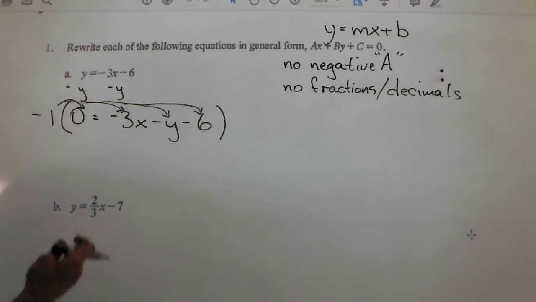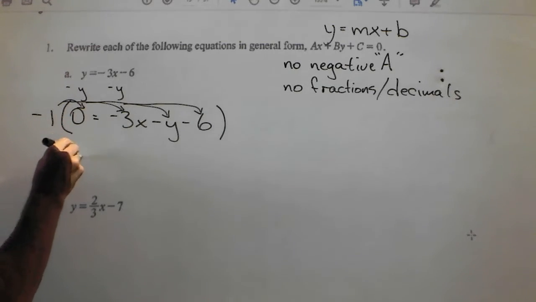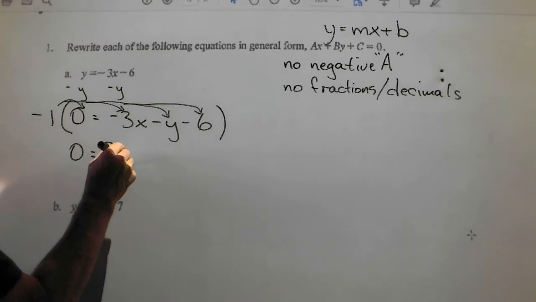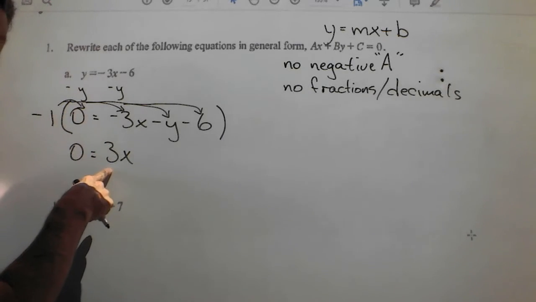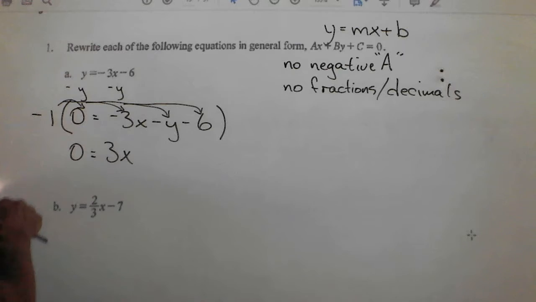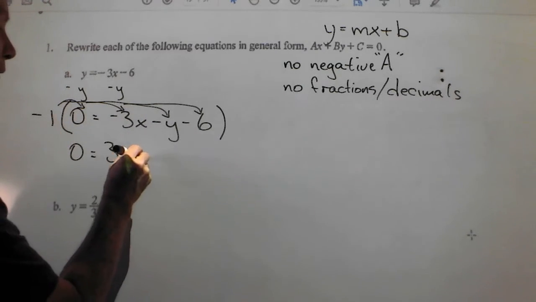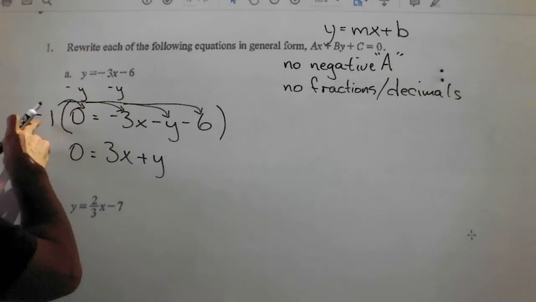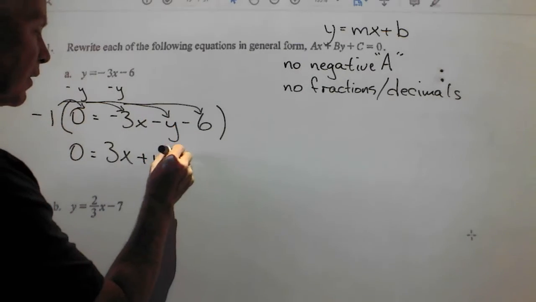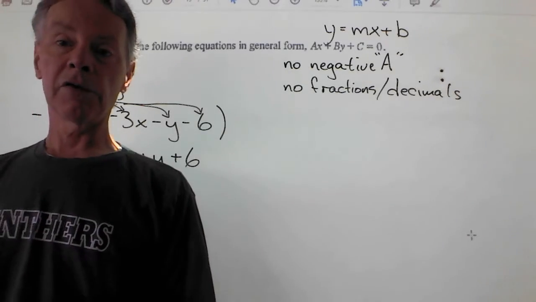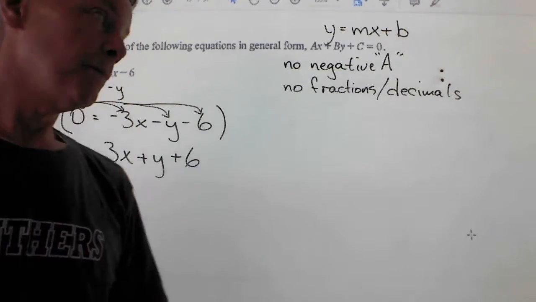There are 4 terms here, so you're going to multiply by all 4. -1 times 0 is 0. -1 times -3 will give us +3. Notice that's given us a positive coefficient of x. -1 times -y will give us positive y, and -1 times -6 will give us +6. And we are done. Pat ourselves on the back and move on.